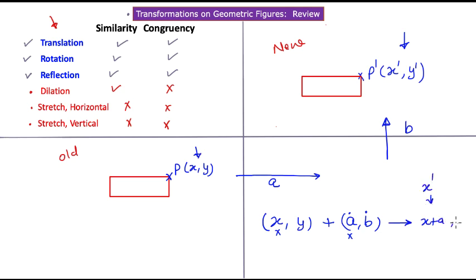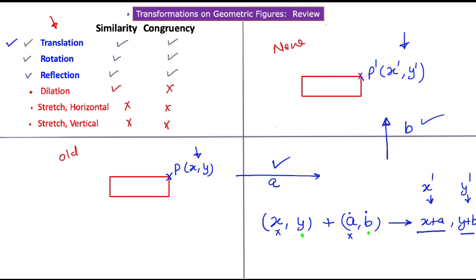Then you add the y coordinate to the y translation, and you get your new y coordinate, y plus b, which is your y prime. This is how you obtain your new coordinate values after a translation of a units and b units in the horizontal and vertical directions respectively. Okay, that was very easy.